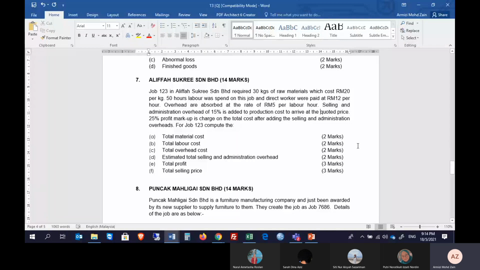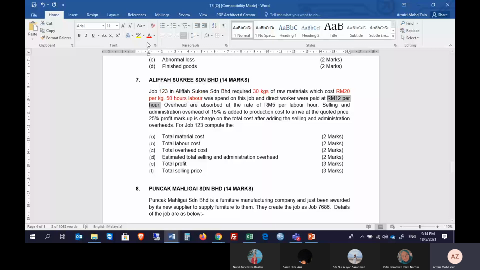So this one tak ada abnormal loss, tak ada normal loss. Okay. Job 1 to 3 required 30 kg of raw material, which costs around 20 ringgit per kg. 50 hours labor, paid at 12 ringgit per hour.